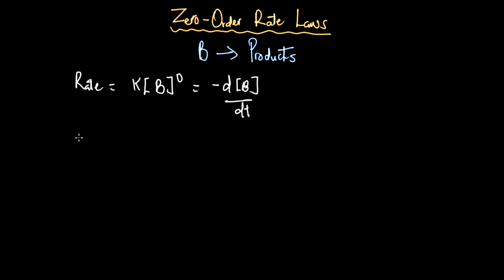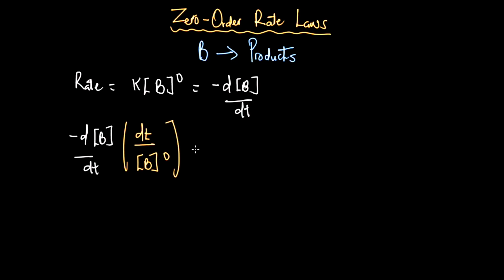We have negative dB over dt, times dt over B to the power 0, equals k B to the power 0, times dt over B to the power 0.